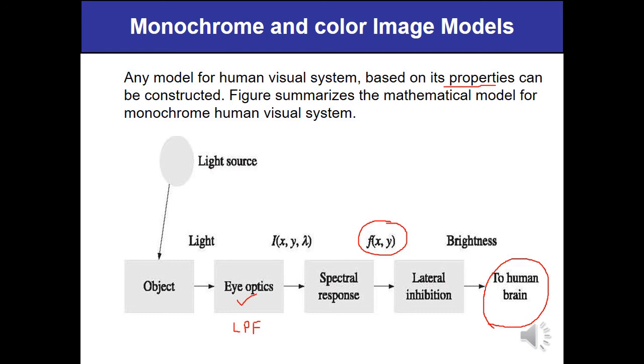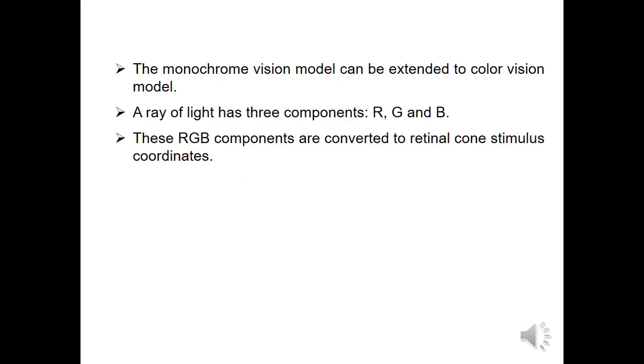This monochrome vision model can be extended to construct the color vision model as well. A ray of light has three components, R, G and B. These RGB components are converted to retinal cone stimulus coordinates. This is required to remove the redundancy present in the signal.